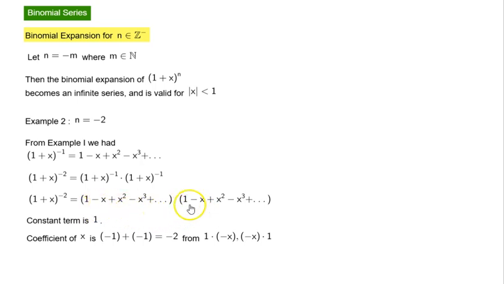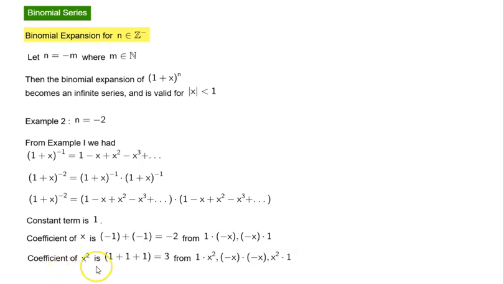Only by multiplying these specific terms are we going to get a term with x. So minus 1 plus minus 1 equal to minus 2 will be the coefficient of x.